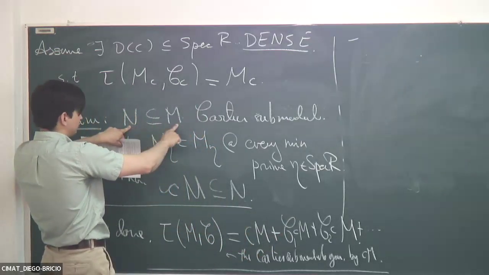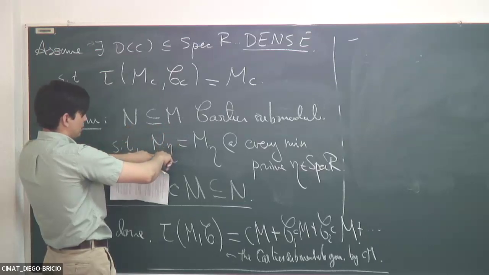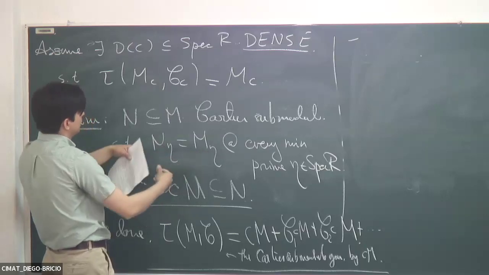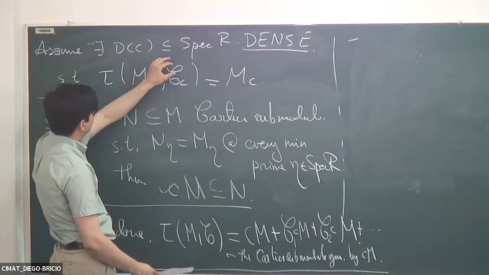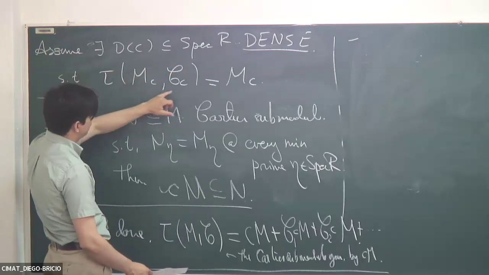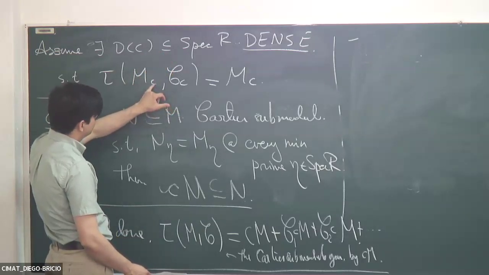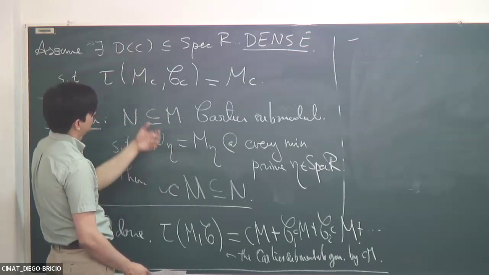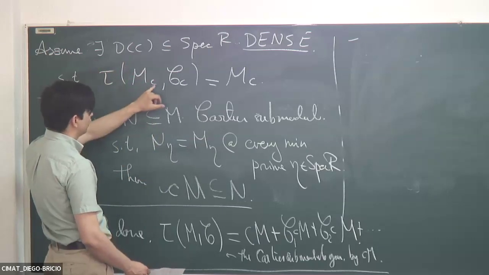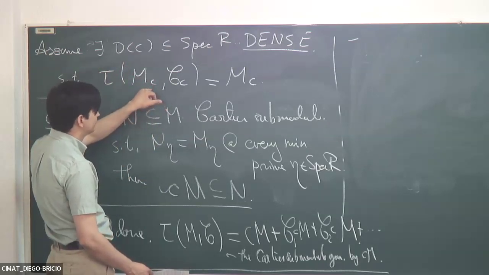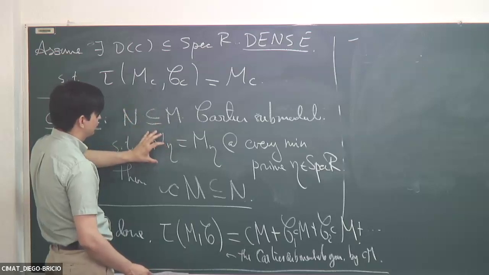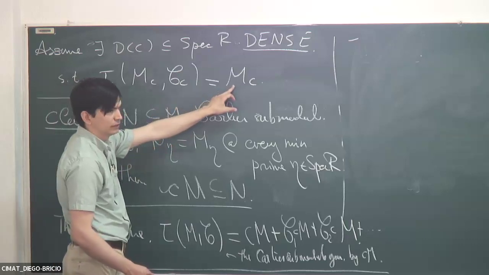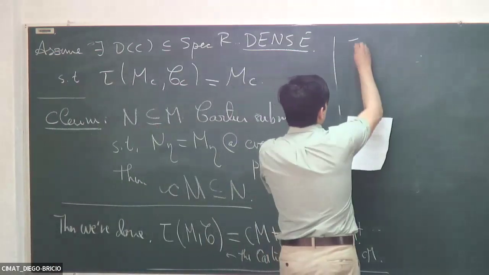We have a submodule that agrees with M generically. But then our hypothesis is that this pair here is F-regular, and this open contains every single minimal prime. So what does it follow from the F-regularity here? F-regularity means, remember, that if you have any such object, then that object has to be equal to M, right? So, proof of the claim.